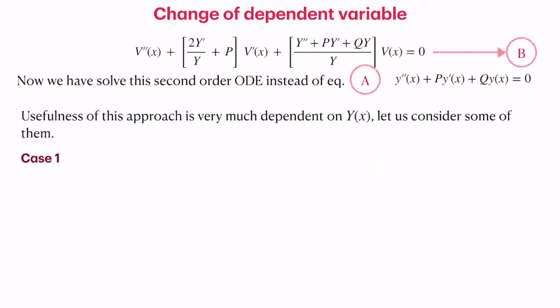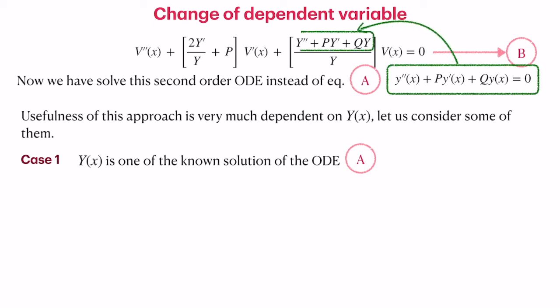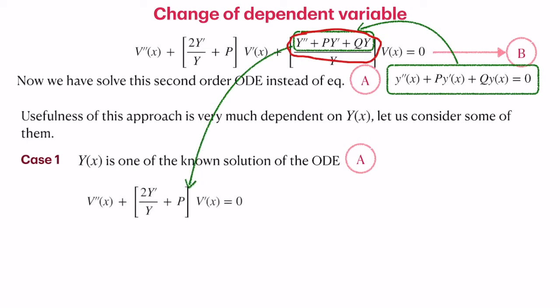One important case is when capital Y itself is one of the solutions to the differential equation given to you. In such a case, the differential equation is satisfied by capital Y, so the last term goes to 0, and we get a simple form of the differential equation: v double prime plus 2 Y prime by Y plus p into v prime equals 0.